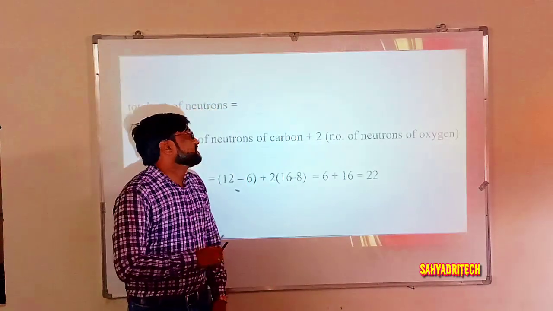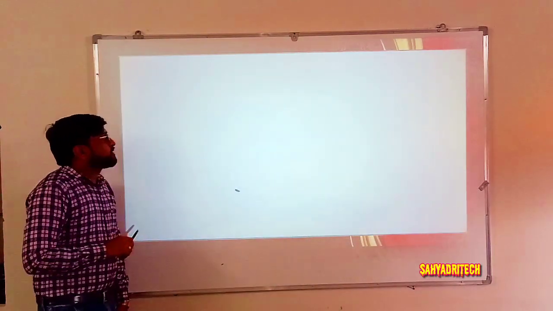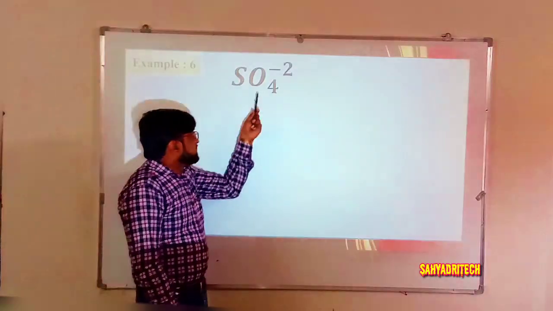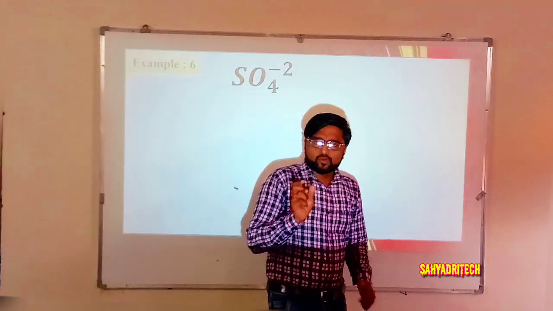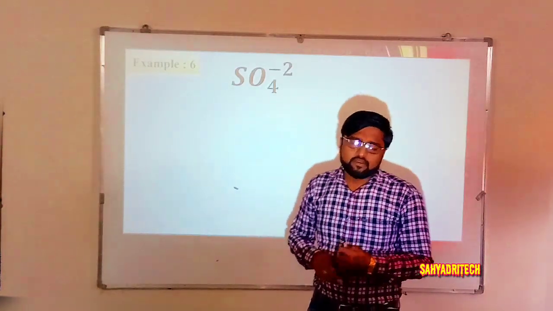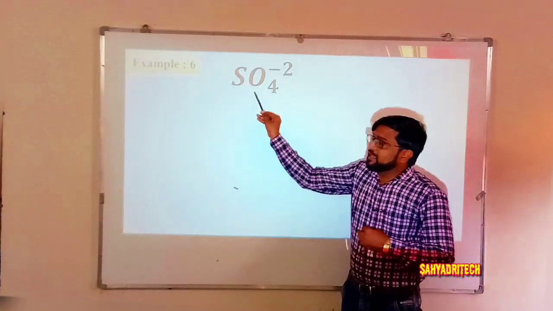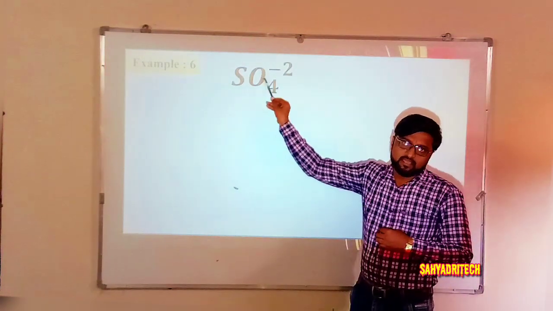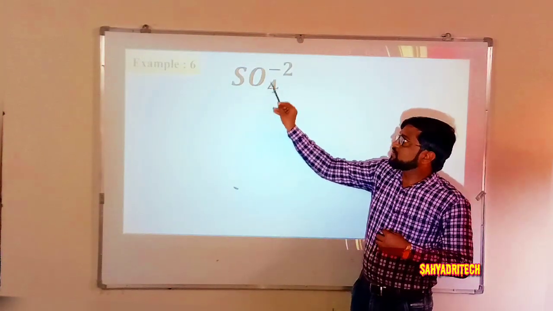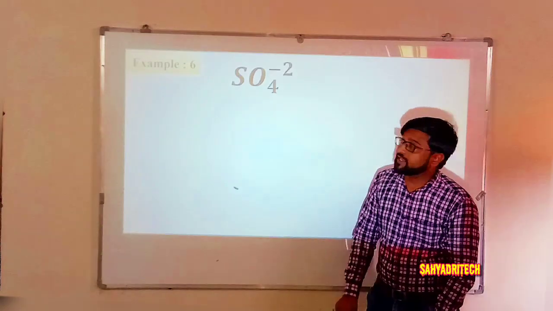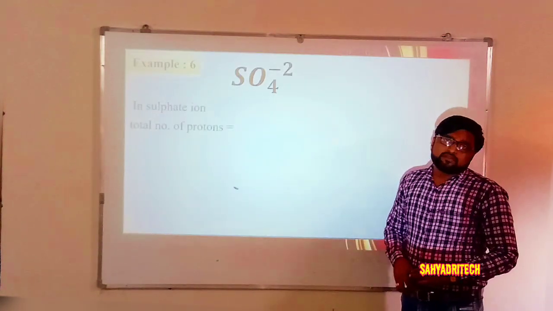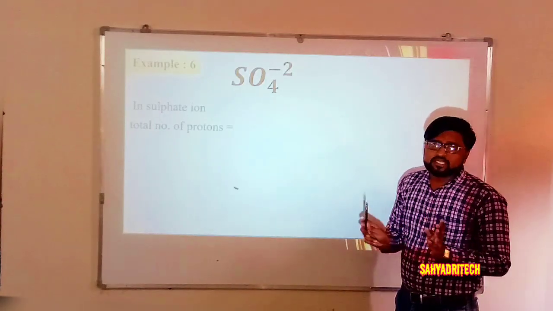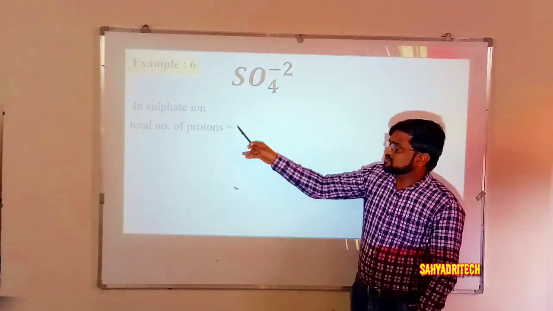Okay, well, then coming to one more example, sulfate. Earlier I considered a neutral molecule, carbon dioxide. Now I have considered an ionic species, sulfate, SO4 2 minus. So it is a sulfate anion. Now here, for the total number of protons, there is no change.